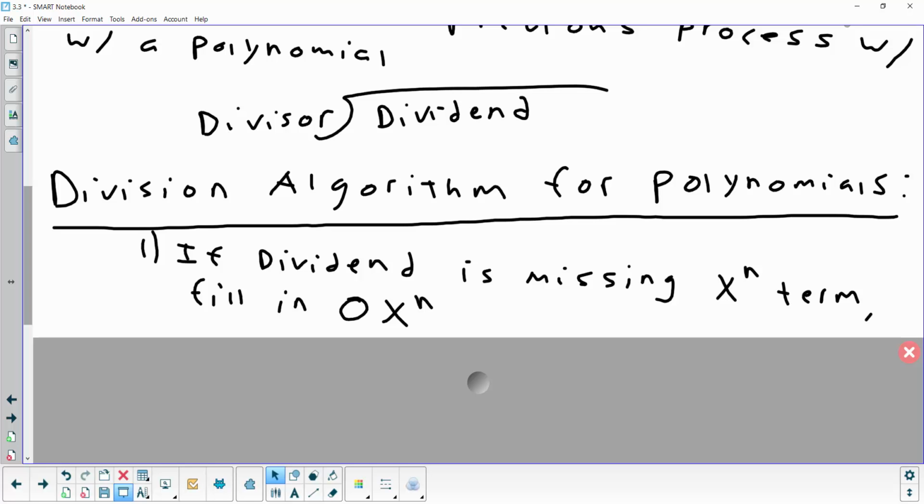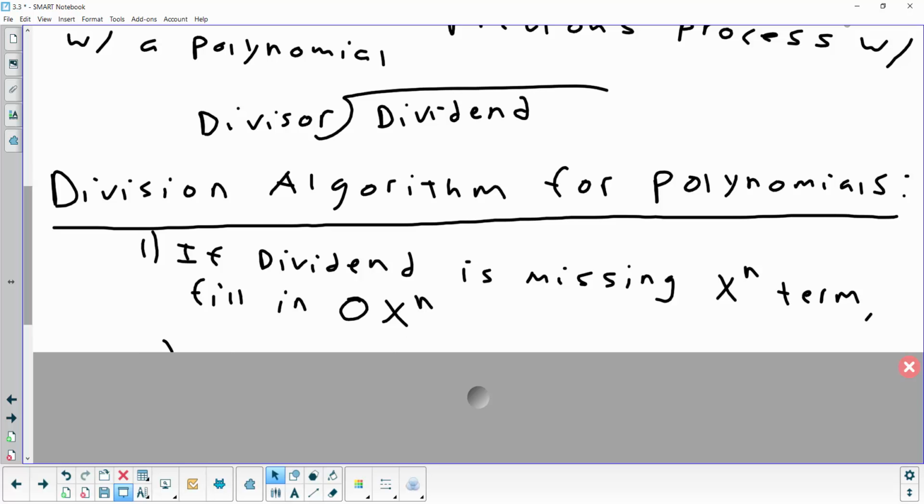If the dividend is missing any terms, we need to fill in a placeholder, a 0x to whatever power we're missing. In other words, every power from the highest to the lowest has to be represented in the dividend, even if that power is a 0. So that's step 1, setting it up.